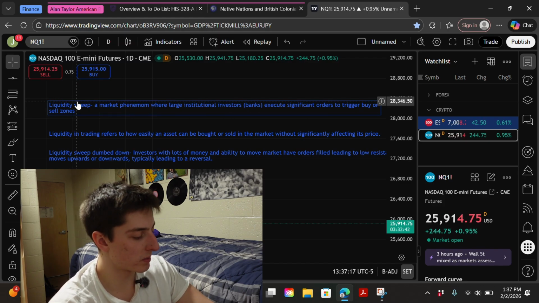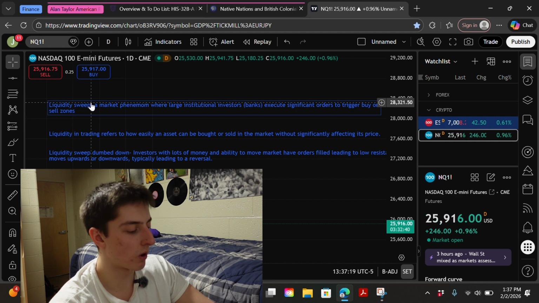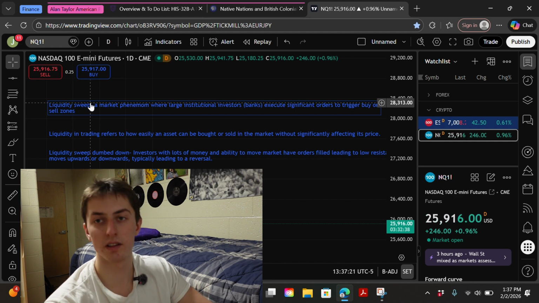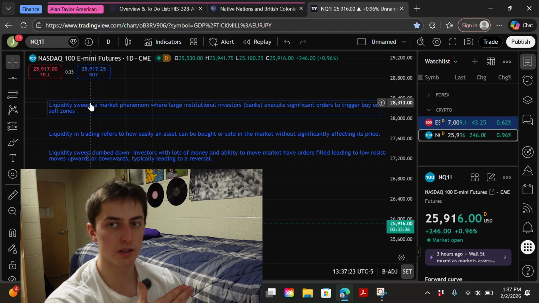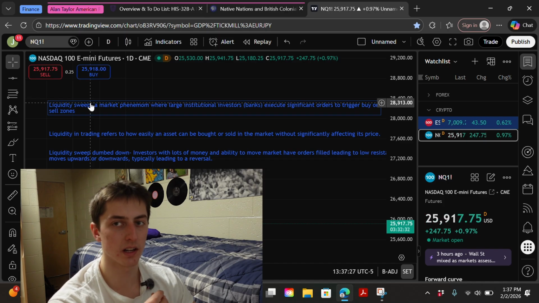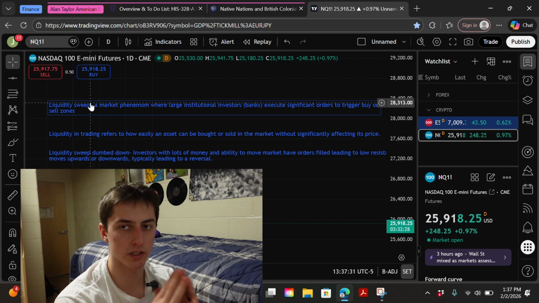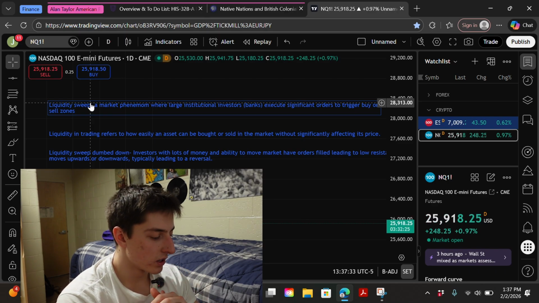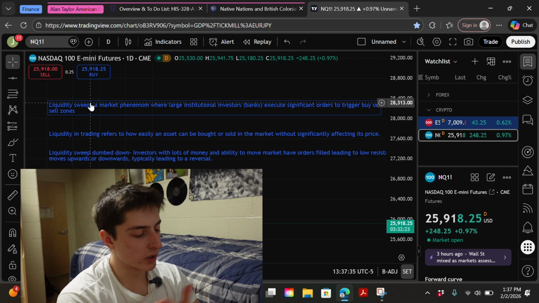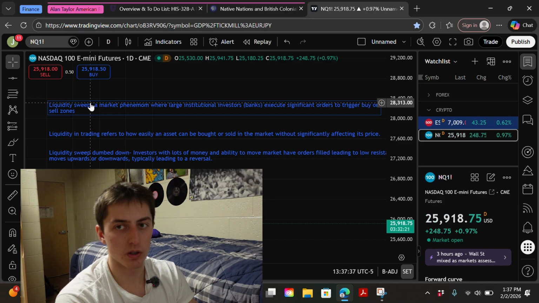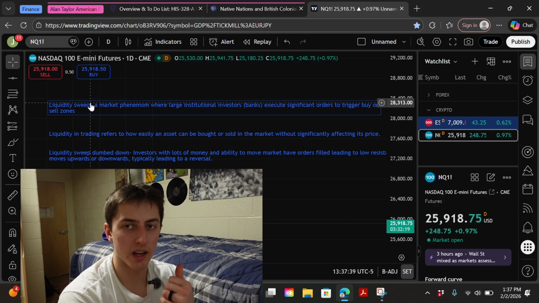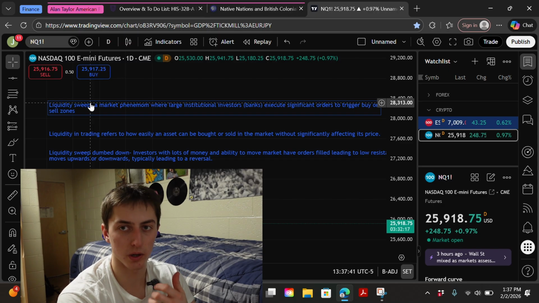A liquidity sweep is a market phenomenon where large institutional investors, like banks, hedge funds, and institutions with a lot of capital that can influence the market, cause a lot of buy side or sell side liquidity. What happens in a liquidity sweep is that their orders are fulfilled, so their liquidity exits or enters the market.